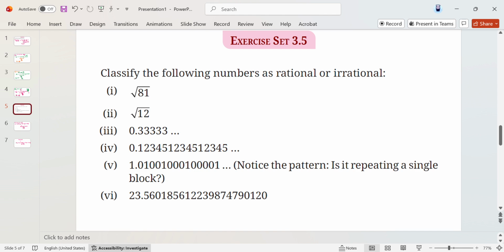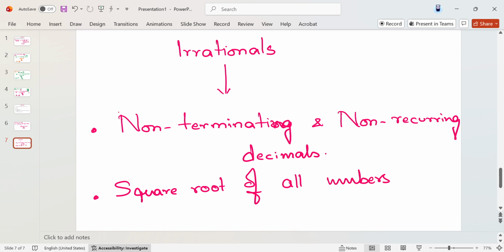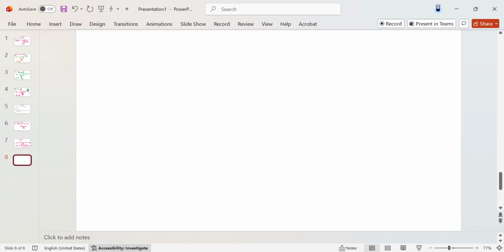Now let us go to this root 81, but let us say one more thing. Not only non-terminating decimals, but also the square root of all numbers except perfect squares is irrational. For example, root 6. 6 is not a perfect square, so this is an irrational number.